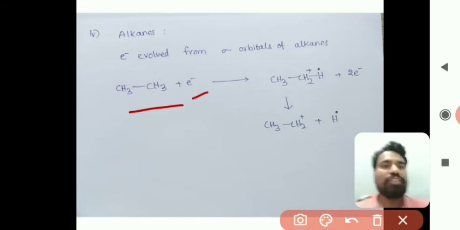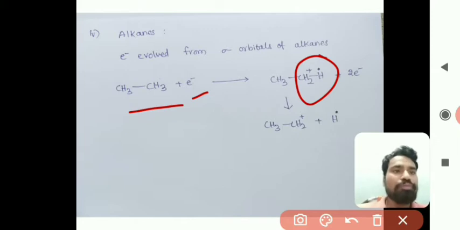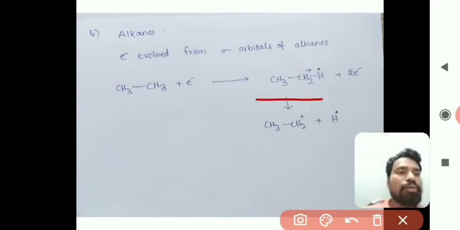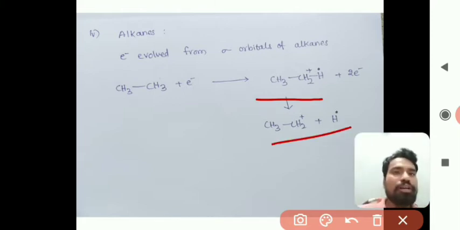When it is bombarded with an electron, one electron will be evolved from the C-H bond, plus 2 electrons. Then this leads to CH3CH2 plus and H dot. So there is a bond cleavage between carbon and hydrogen. This is the electron evolution in the case of alkanes.